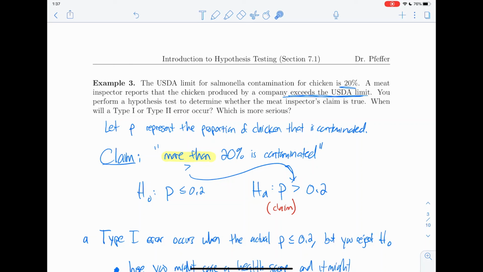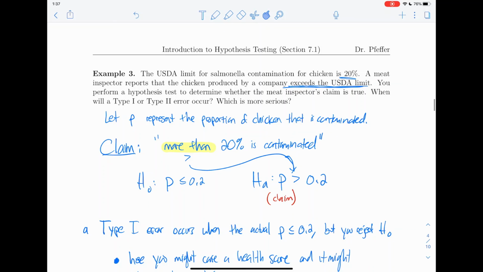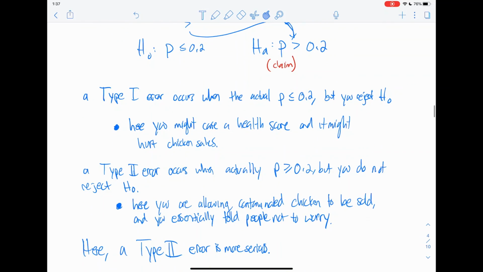And it's important that the statistician, as they go through their hypothesis testing, is wary of type 1 and type 2 errors, not only what they mean and how they occur, but what the literal real-world ramifications are for them, because this will inform the decision that the statistician returns back to the company.